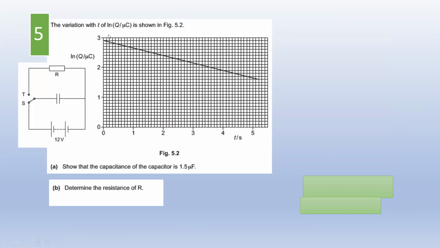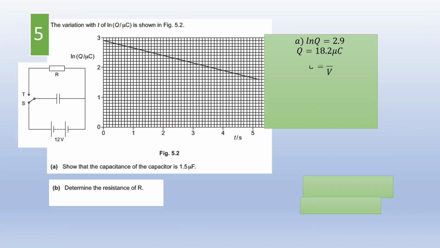Find the charge at time zero, that's where it is fully charged. Right? It's 2.9. Then C is Q over V. V is 12 volt initially. Then substitute inside and calculate out.